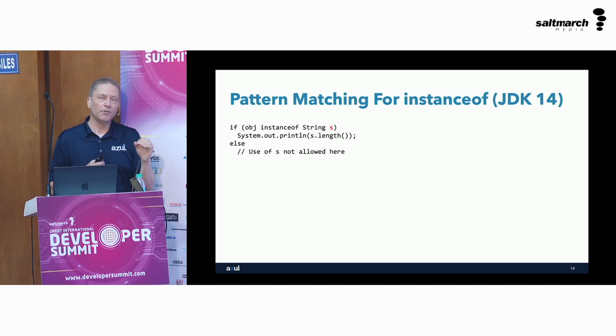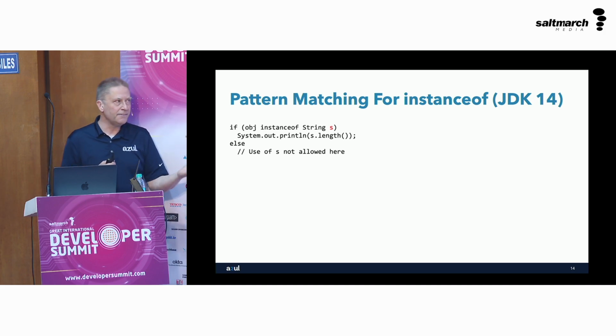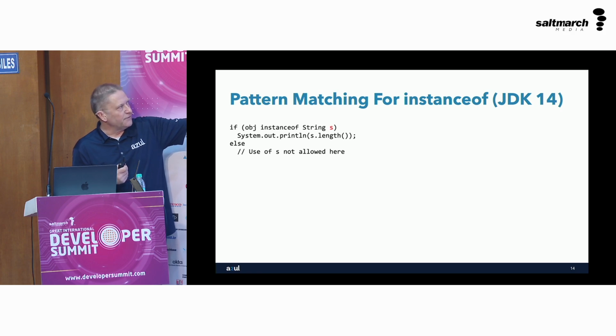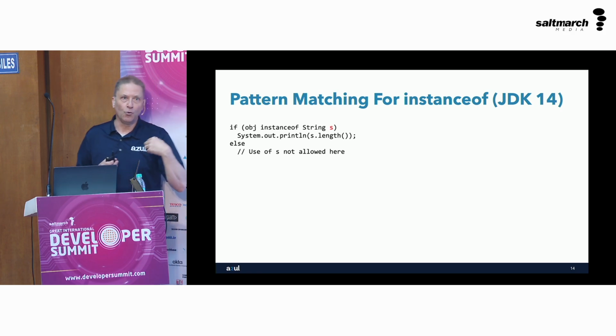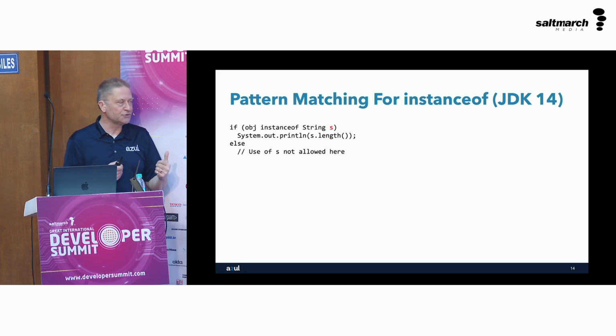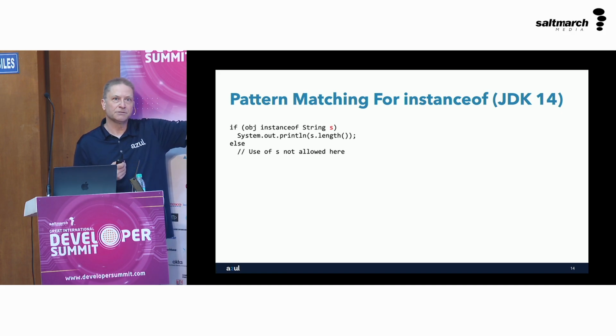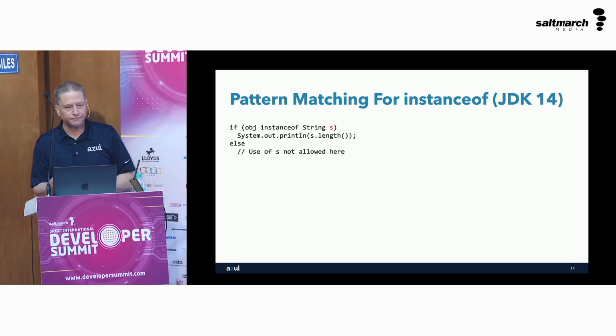So we don't have to put that explicit cast and explicit assignment in there. Within the true branch of the if statement, clearly we do have a String, so we can reference s and we can call the length method on that to get the length of the string. But if we tried to use s in the else branch, because we haven't matched the predicate, we don't have s in scope, and so we can't use it. Very logical.